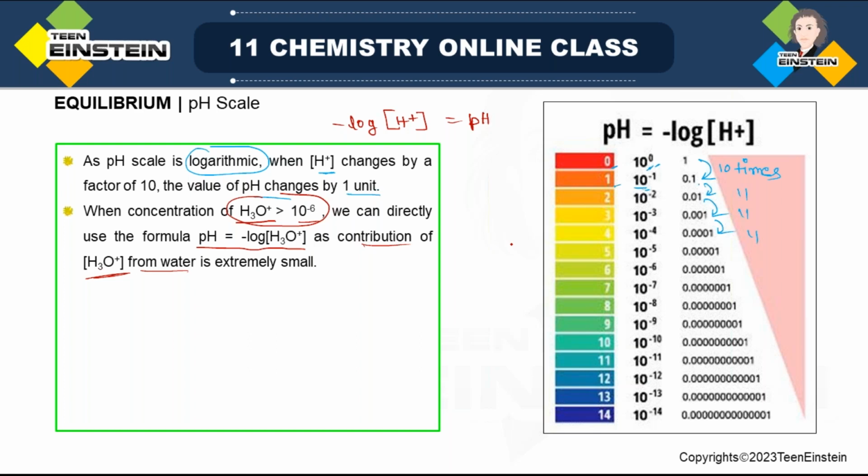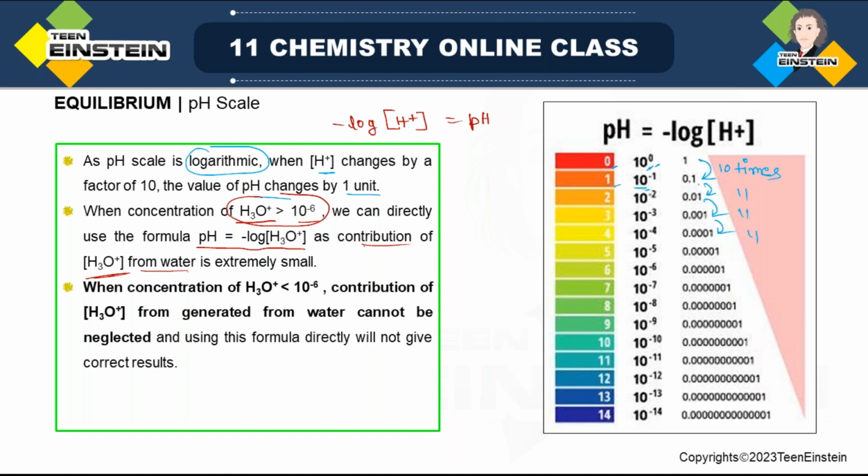So it is not that you are getting H plus only from the acid. You can take acid, suppose HCl. You are also getting H plus from H2O. But in this case, you can neglect it because the acid is more or less concentrated, around 10 to the power minus 6 or greater than that. So under this condition, contribution of H plus from water you can ignore because it is not a very dilute solution. But when it is lesser than 10 to the power minus 6, then the contribution of H3O plus that you are getting from water, you cannot neglect.